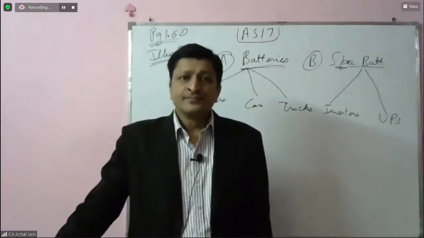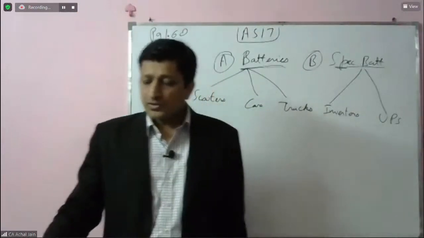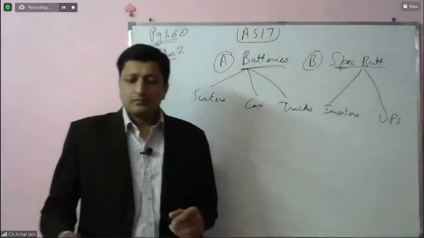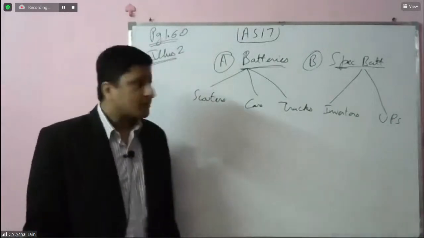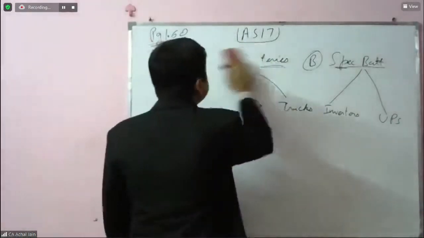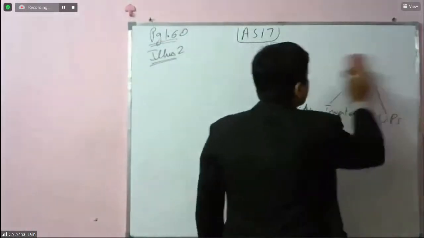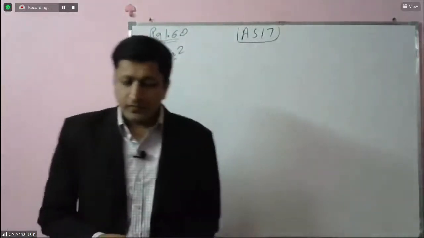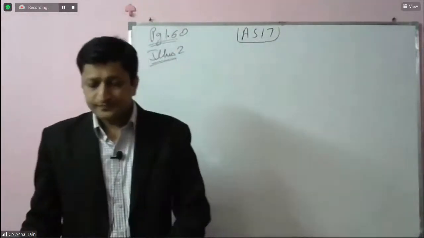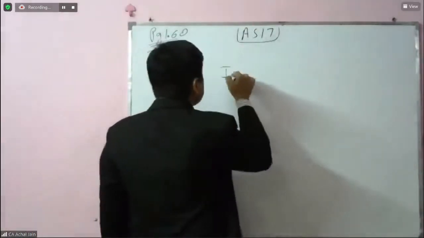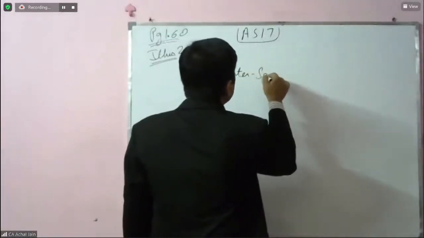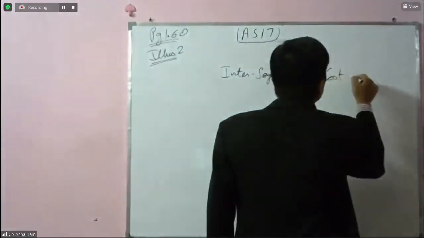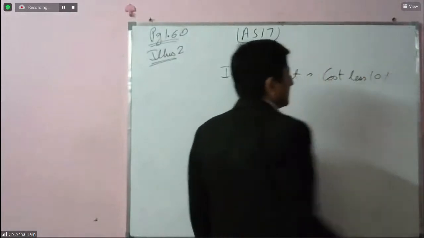Hi, welcome back. So we'll now move on to this illustration number 2. Let's put down the facts now. Intersegment transfer policy: for intersegment, the company is selling at cost less 10%.